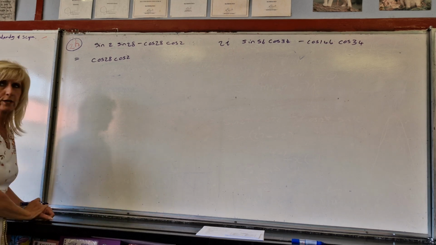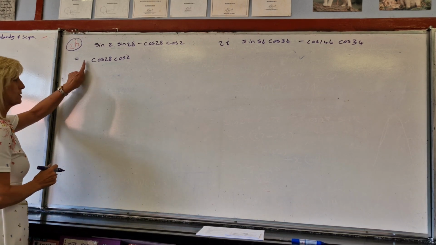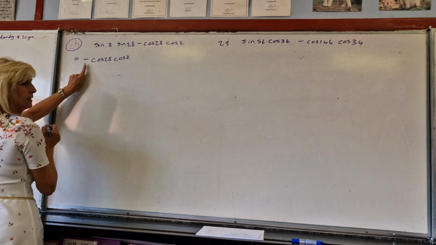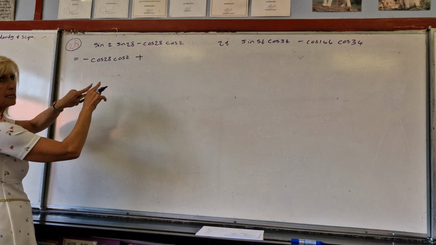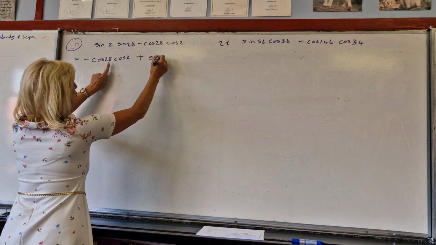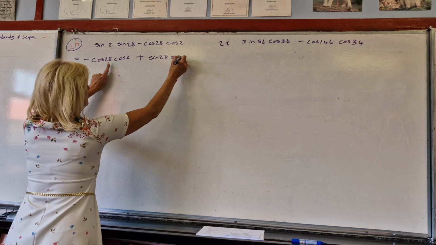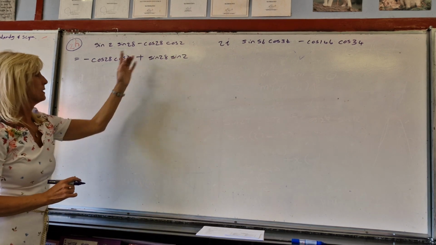This is not an equation. You can't change it and just divide the negative away. This will stay a negative, but then this will be plus, and then please get it in the same order. So it's going to be sin 28 and sin 2. Are you with me? So we swapped it around and it's fine.